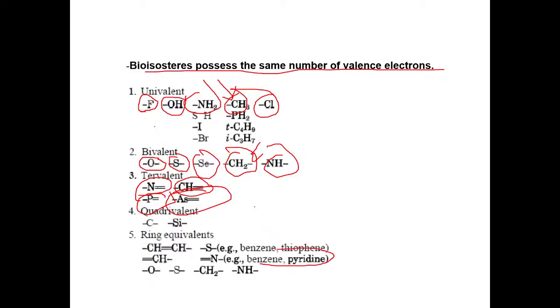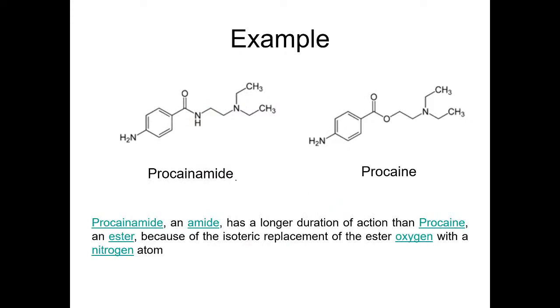Benzene can be converted to pyridine. It can be replaced with sulfur, so benzene can be converted to thiophene. It can be replaced with oxygen, so it is converted to furan. Okay, so these are ring equivalents. So here you have an example.